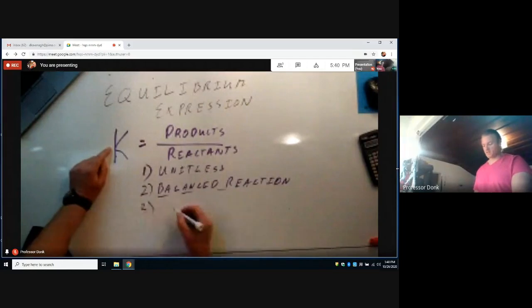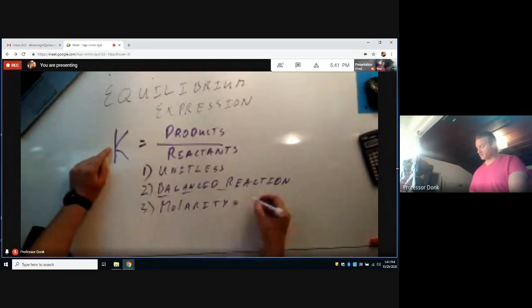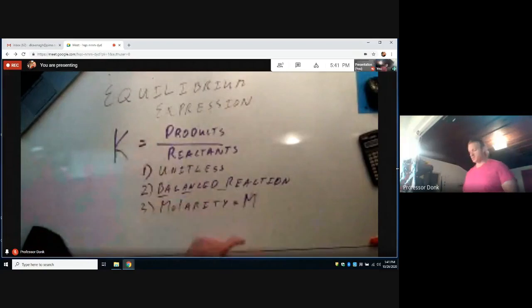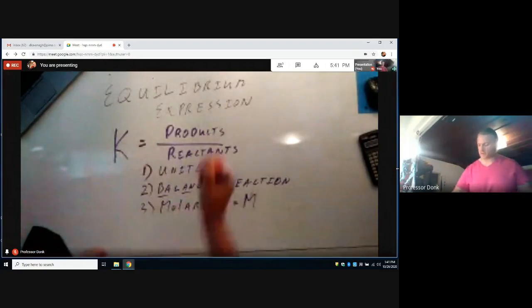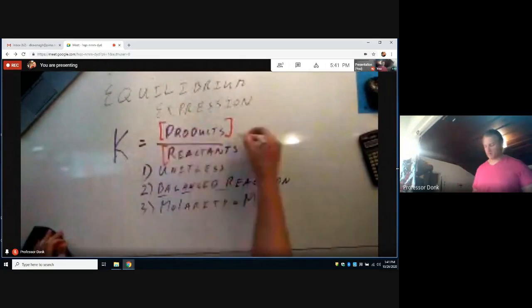Three, it refers to the terms of molarity, which is capital M. Now the unit symbol for molarity is capital M. And in the capital K expression, square brackets are meant to signify molarity.